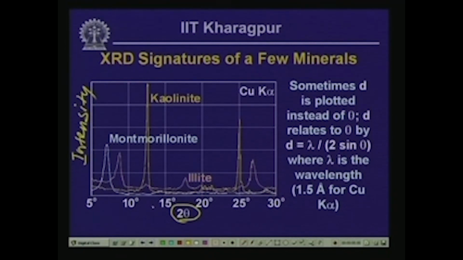For instance, in the case of montmorillonite, you have a peak signal appearing at 12 degrees of angle. Sometimes instead of 2 theta, you could also plot a d value, and d converts into theta as shown in that equation there.